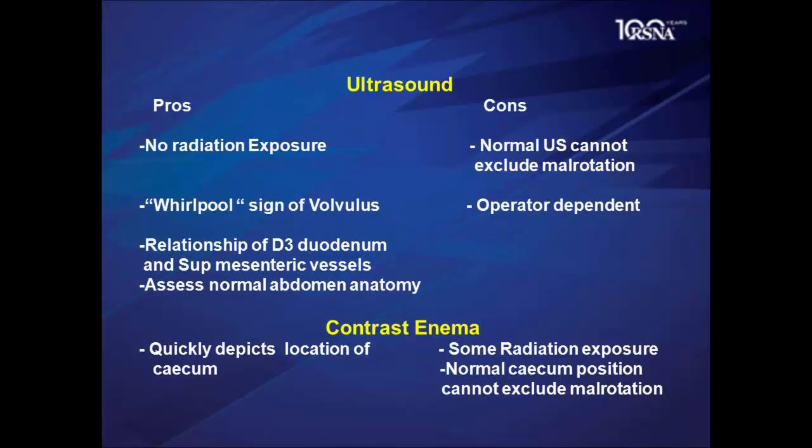But we've seen cases of false negatives, so it does not exclude malrotation, and ultrasound is operator dependent. Contrast enema, I just showed you a case where the clinician would like to see where the cecum is. Well, it adds some radiation exposure to the patient. If we do see a normal cecum in the right lower quadrant, down in that corner, we are less likely to have malrotation with volvulus.